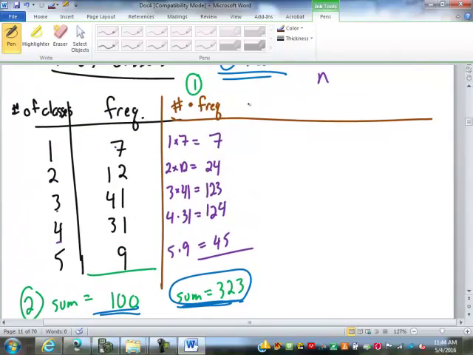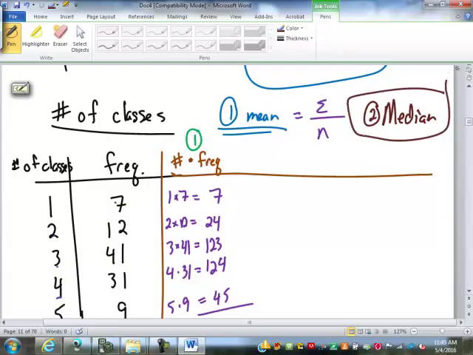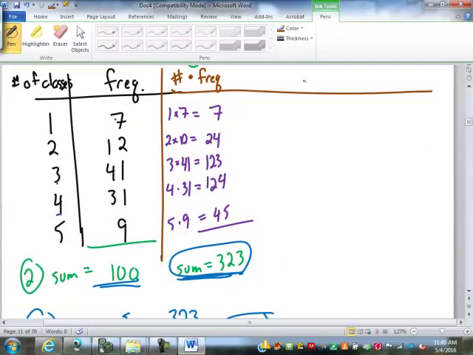Next thing we want to find is the median. The median, remember, is all about finding the center of the data, finding that position. So for the median, these numbers are already put in order. 1, 2, 3, 4, 5.